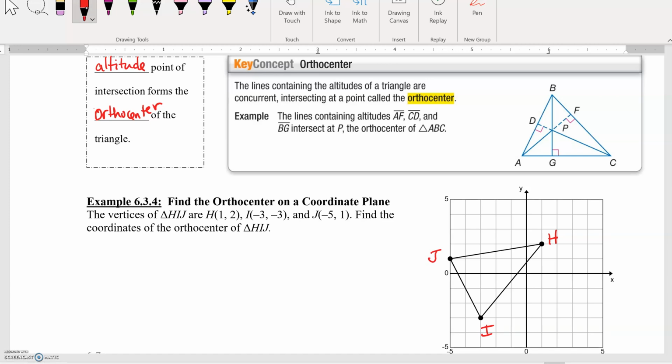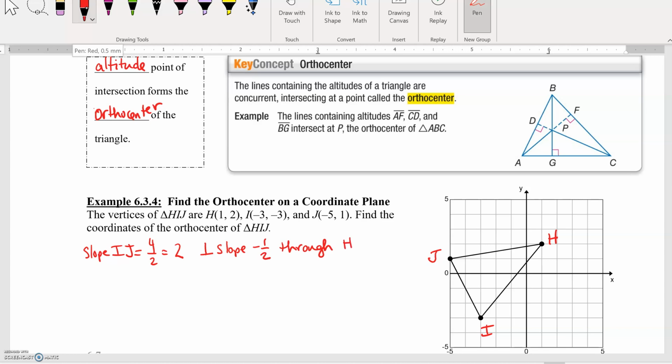So if it's an altitude, we know that it's perpendicular, which means if we calculate the slope of IJ, 1, 2, 3, 4 up and 2 over, so the slope of IJ is 4 over 2, which is 2, which means the perpendicular slope would be negative 1/2, and it would go through point H.